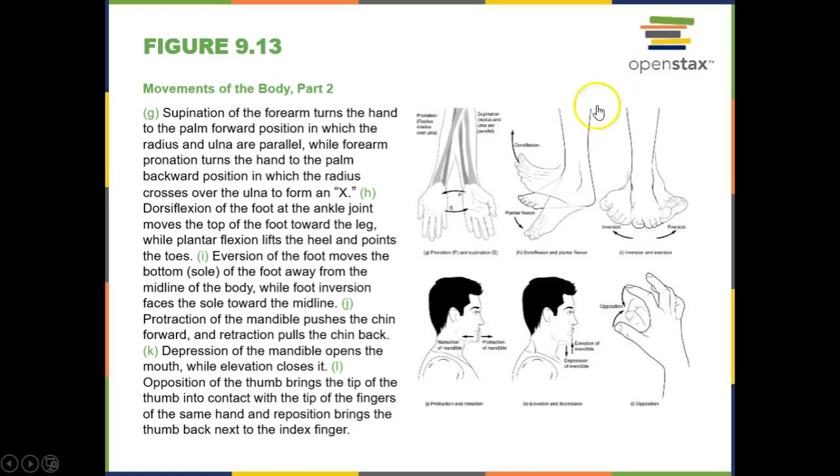And actually, okay, right here, I have an awesome song. If it does not play, I want to play it for you because it's so amazing, okay? If it doesn't play, look it up on the internet. It's super fun. I'm going to play it here, but if you can't hear it, just look it up because it will possibly help you in memorizing those movements of the body, okay?